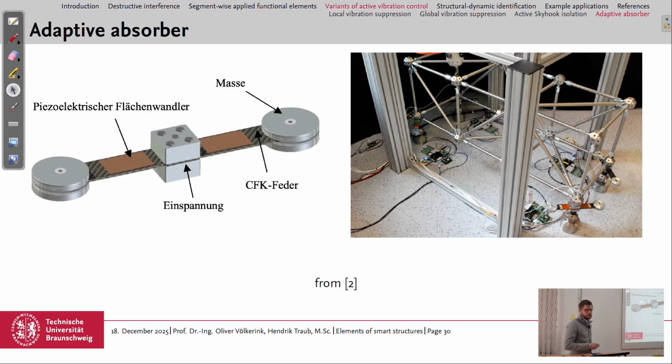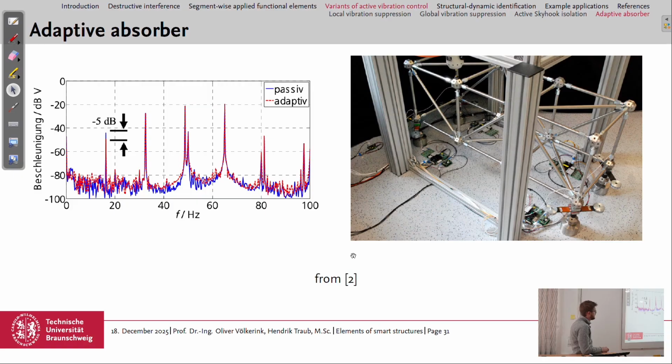This would be the last option we visit in this lecture. And from this paper, I have these pictures. They were able to show that at, maybe it was the second eigenfrequency, they could reduce the vibration or the acceleration by 5 decibels using these kind of adaptive absorbers.